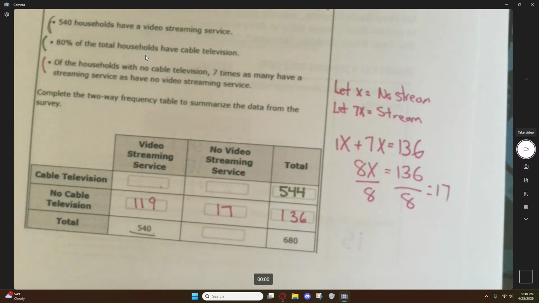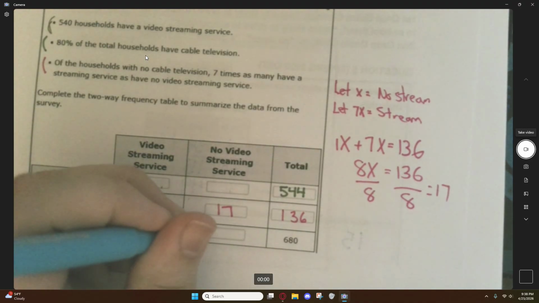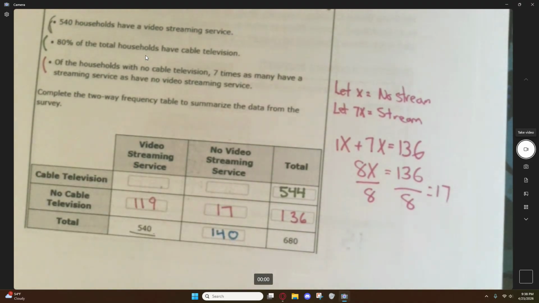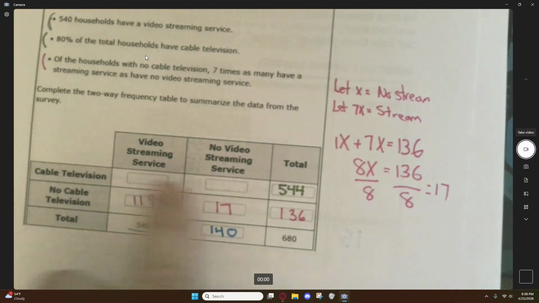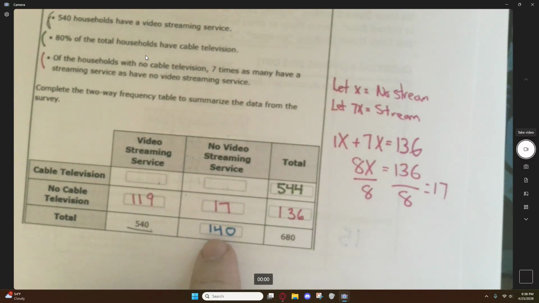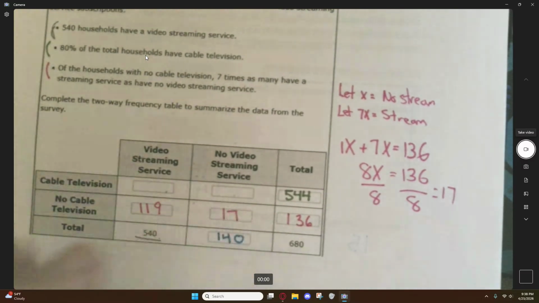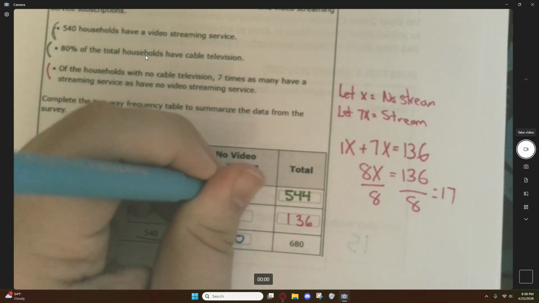Now, with this information, we can now solve the rest of the problem. We can find the total number of people with no video streaming service by doing 680 minus 540. That's 140. We can now find the amount of people who have cable television but no video streaming service by doing 140 minus 17, which is 123.